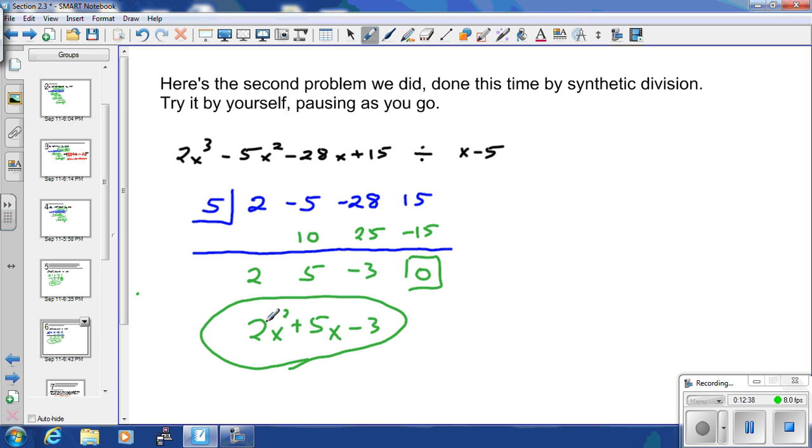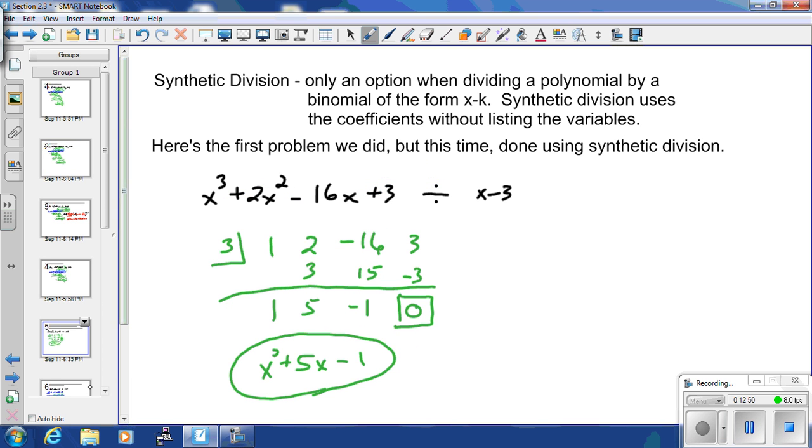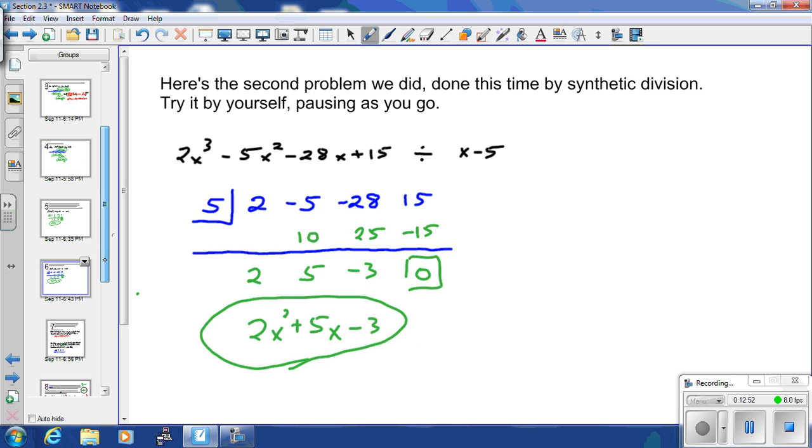I'll go back to that and show that we got 2x squared plus 5x minus 3. Only here we did it with long division. And up here, wherever it is, we did it with synthetic division.